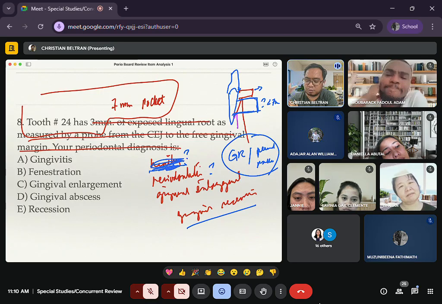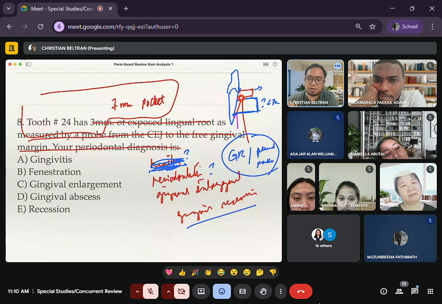There are cases wherein the bone is here and the gingiva is still in this level. So when you try to use the air syringe, it would tend to flap. The gingiva would tend to flap, especially if it's inflamed. But there's coronal migration of the gingiva due to inflammation. So they can exist at the same time.